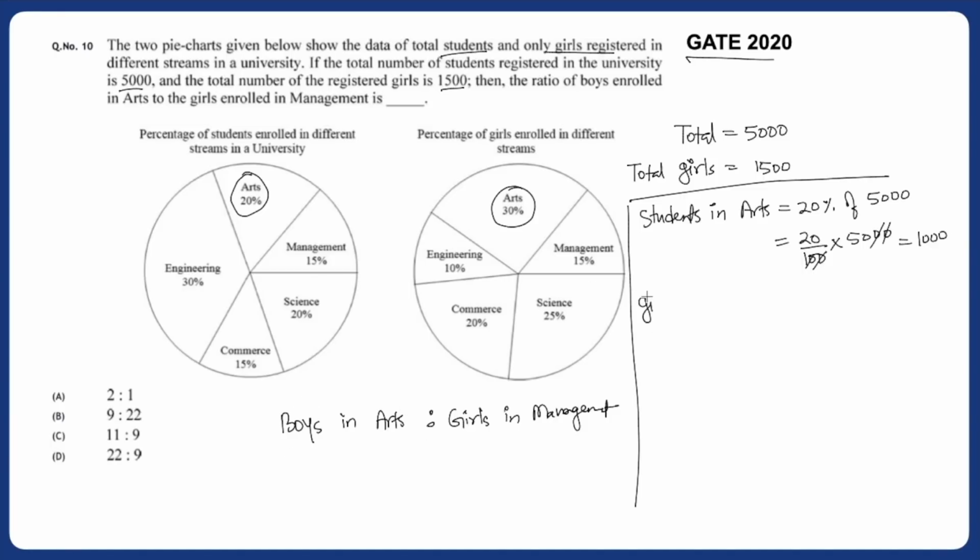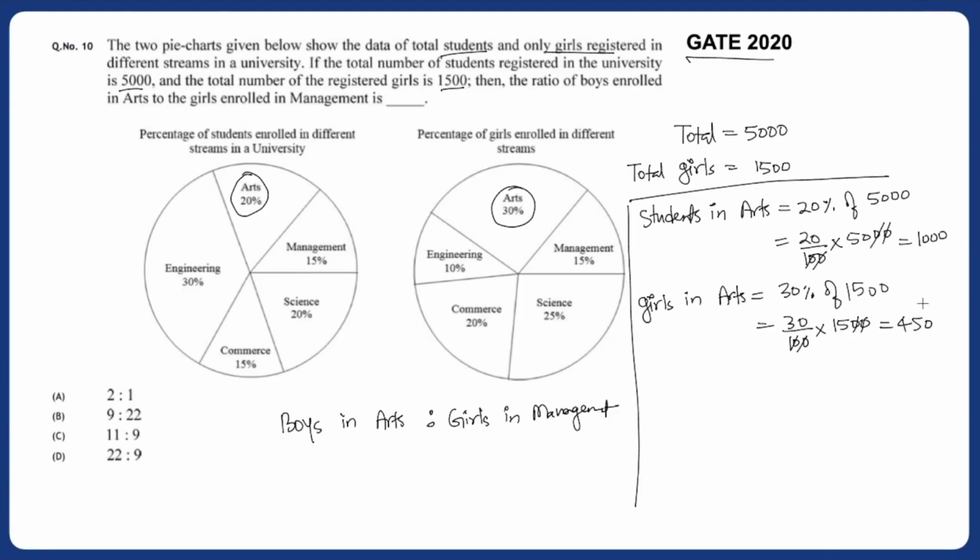So girls in arts can be simply calculated, because this is going to be 30% of the total girls, right? Because this shows the total girls. So 30% of total girls, which is 1,500. That's the total girls here. So 30% of that is 30 upon 100 into 1,500. Solve this and this is going to give you 450.